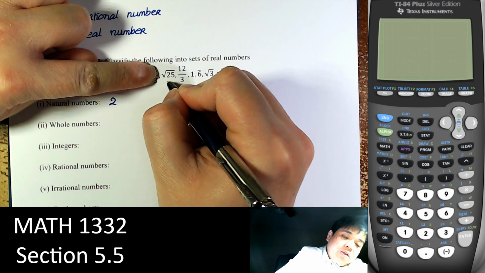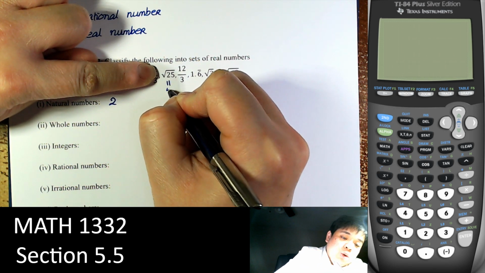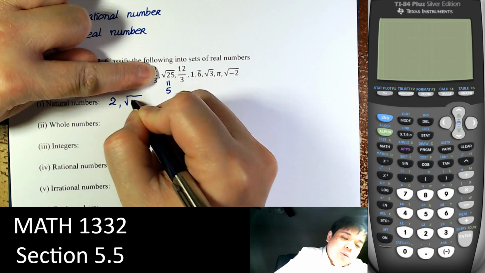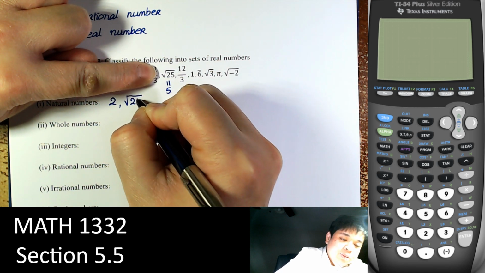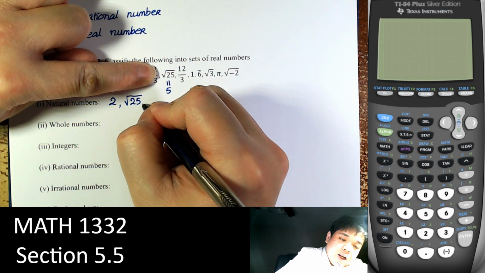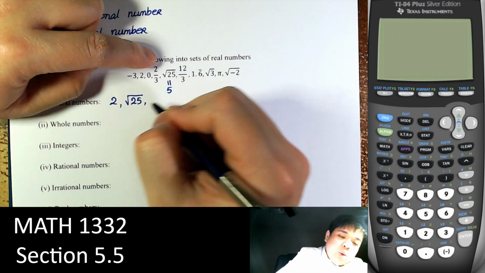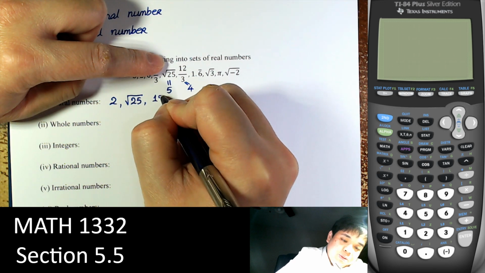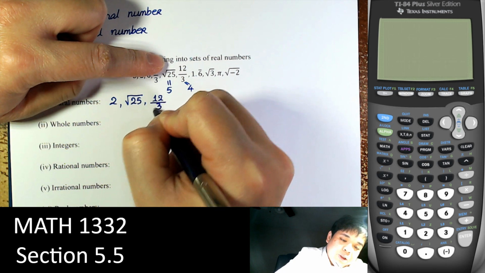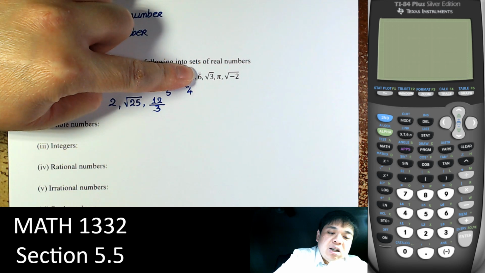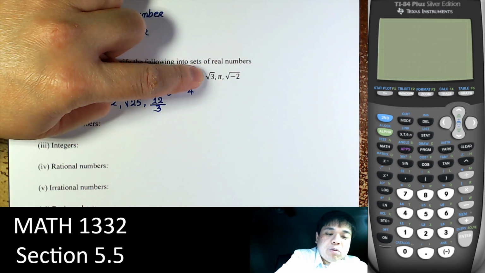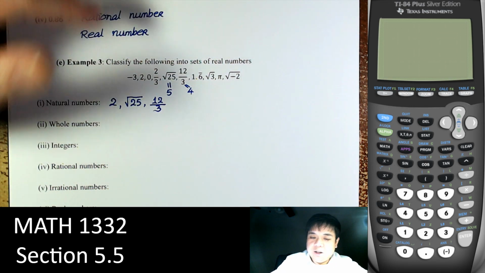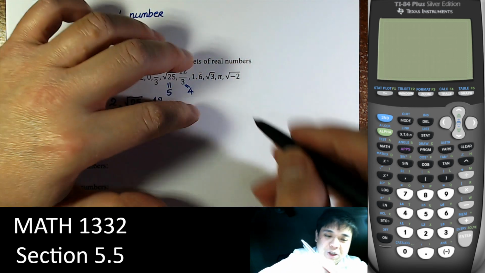Square root of 25 is equal to 5, and 5 is a natural number. Therefore, square root of 25 is also a natural number. 12 over 3 is equal to 4, so that also is a natural number. That repeating decimal is not, square root of 3 is not, square root of 2 is not, pi is not.